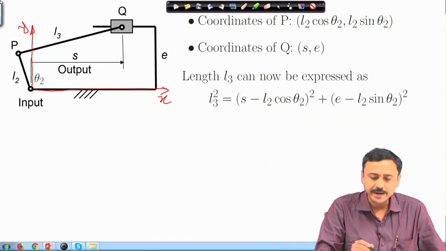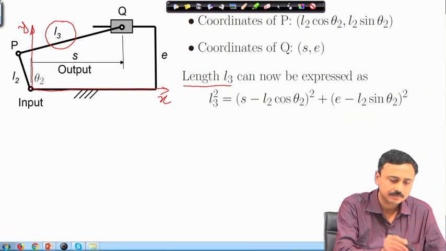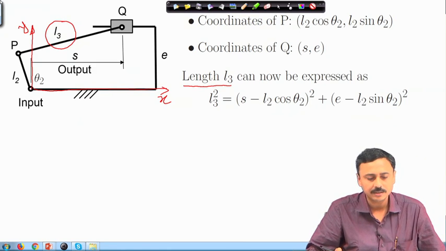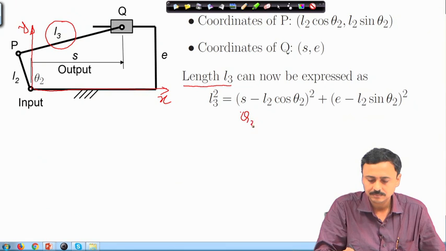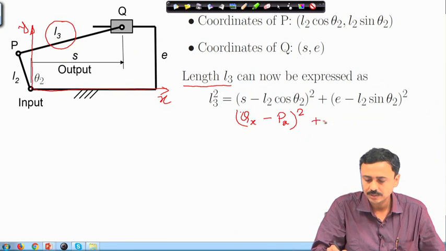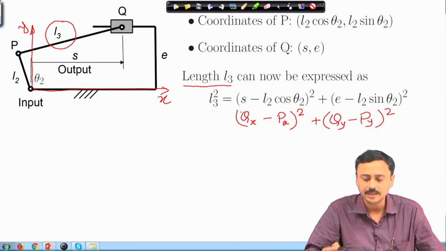Given the coordinates of P and Q, the length L3, which is this link, is essentially the length of PQ. So, L3 square can be written as Qx minus Px whole square plus Qy minus Py whole square, and that is L3 square.